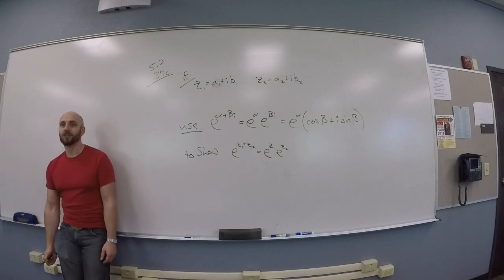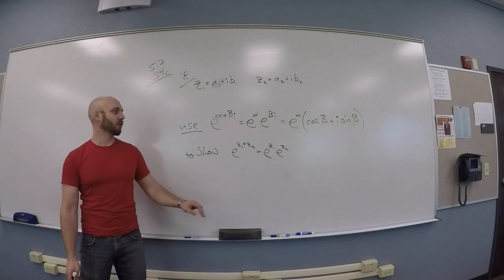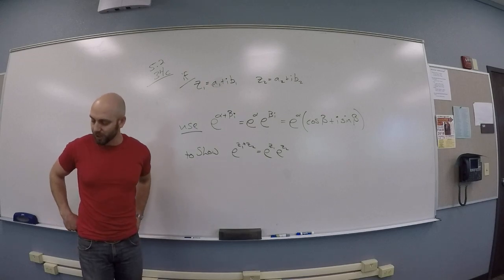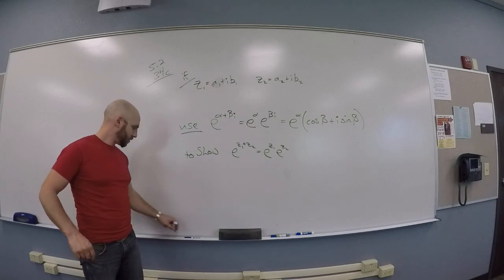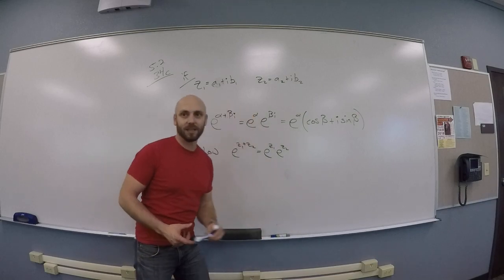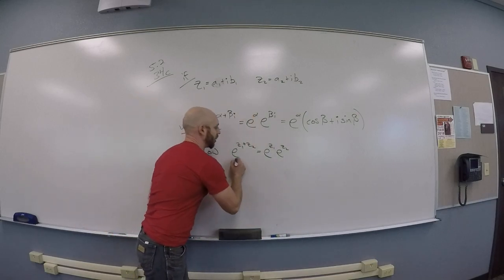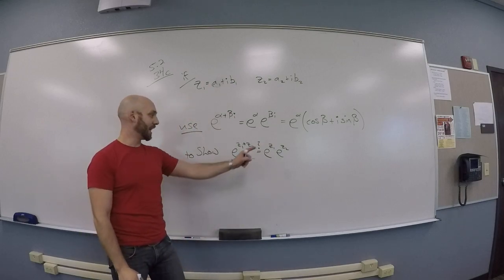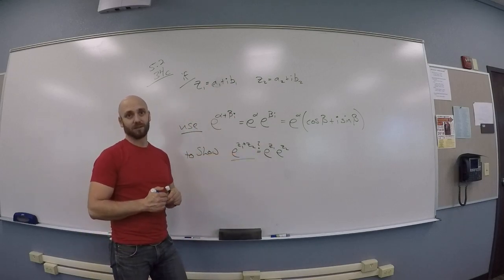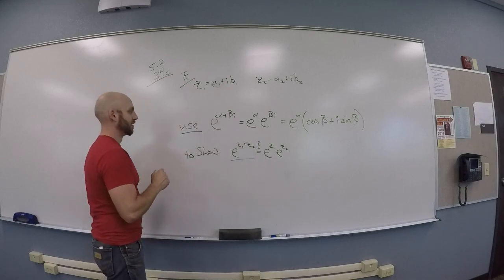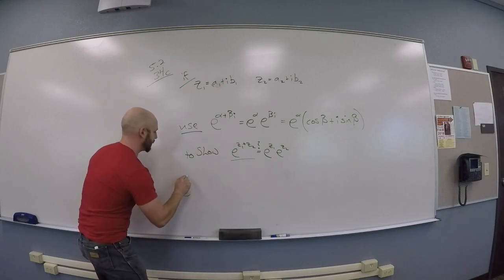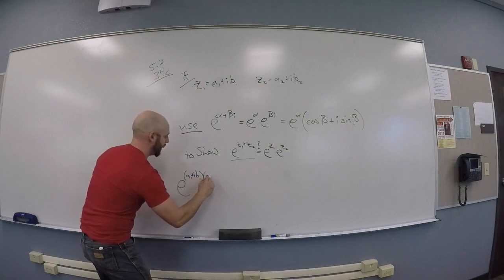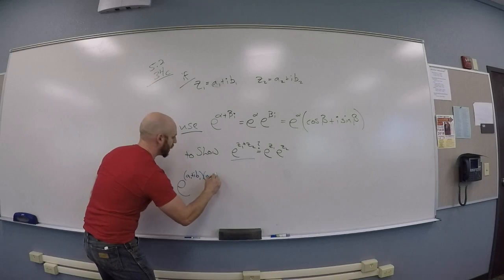So in order to demonstrate something like this, just like in part B, you've got to start with something you have, and get to the other side. So you're going to start here, pretend you don't know that, and get over there. Just do what we did in part A. You're going to start with e to the a1 plus i b1 times e to the a2 plus i b2.